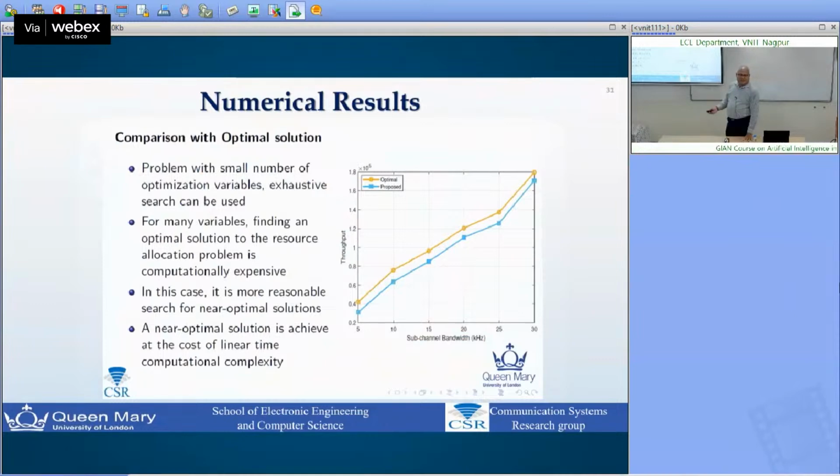Can it reach the performance of exhaustive search? Still we have the loss function, and the loss cannot be zero. The targeted and the predicted one have a difference. It can be reduced to a small value, but it cannot be zero.